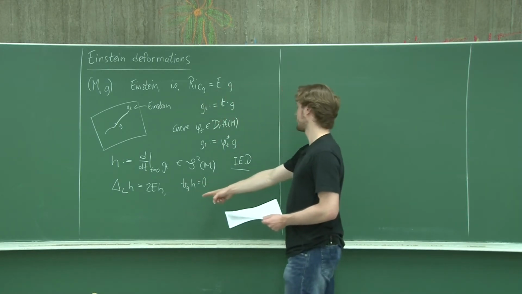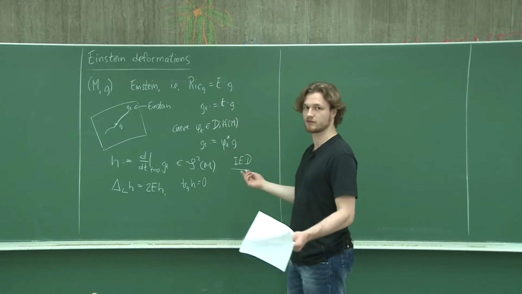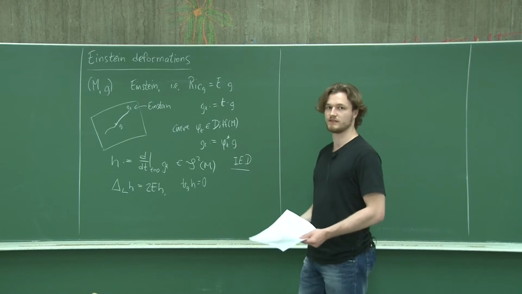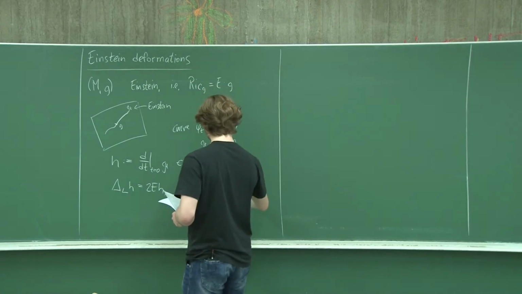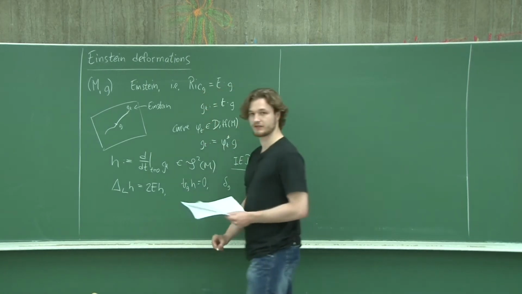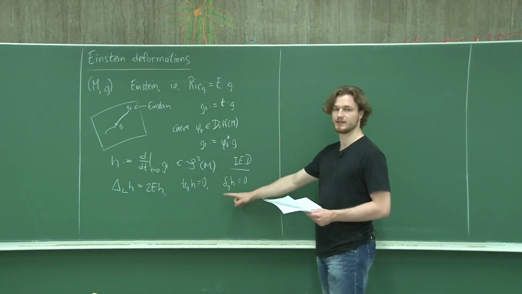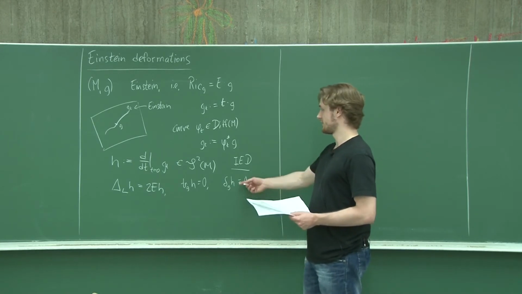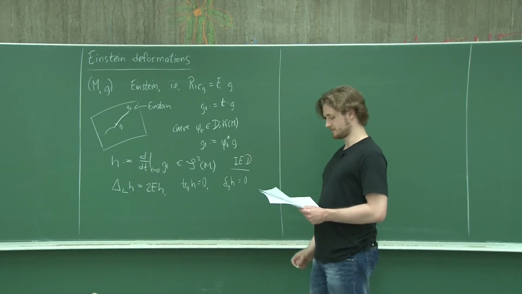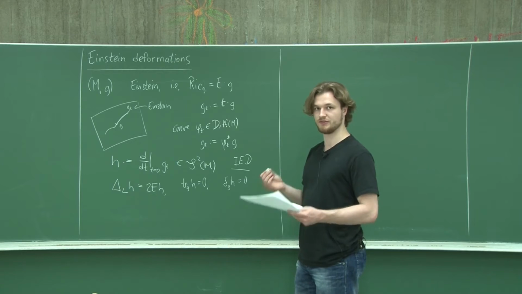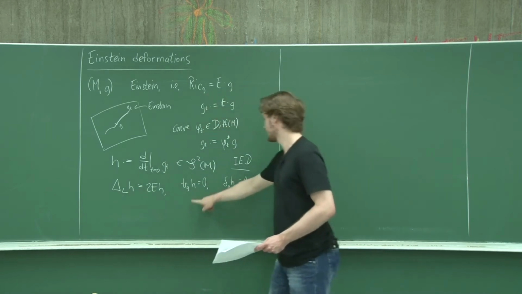So this amounts to the fact that h is transversal to scaling by constants and also scaling by non-constant functions, because if we multiply a non-constant function with g, then what we obtain is not an Einstein metric. Also, the third condition is that the divergence of h is 0. So this is the divergence operator, it depends on the metric g. This condition basically means that h is transversal to the action of diffeomorphisms. So, what we really want to do in effect is solve an eigenvalue problem for this operator with these constraints.